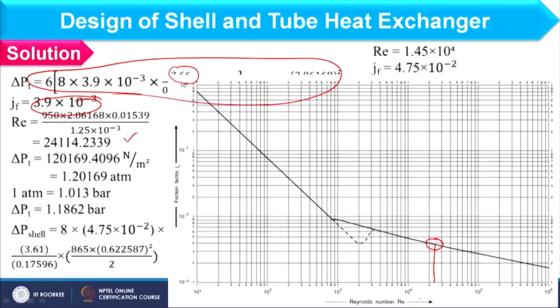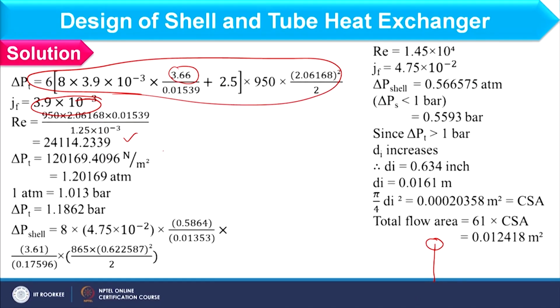If you carry out the calculations for pressure drop in tube side, you can obtain the value as 1.20169 atmosphere, and if I convert that into bar, it comes as 1.186 bar. So this value is more than 1 bar. You see the pressure drop in tube side is not in the range, because it should be less than 1 bar. We will further revise this section, and for now we will compute pressure drop in shell side.